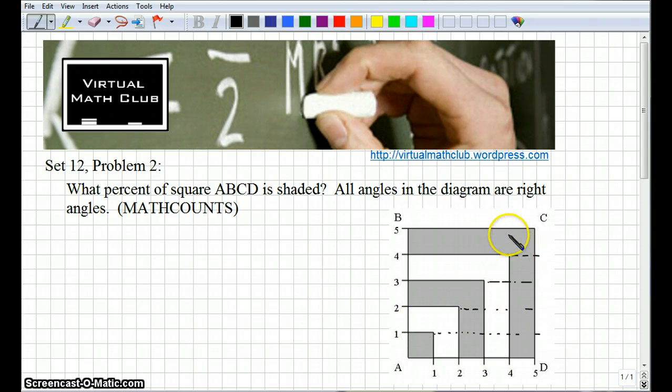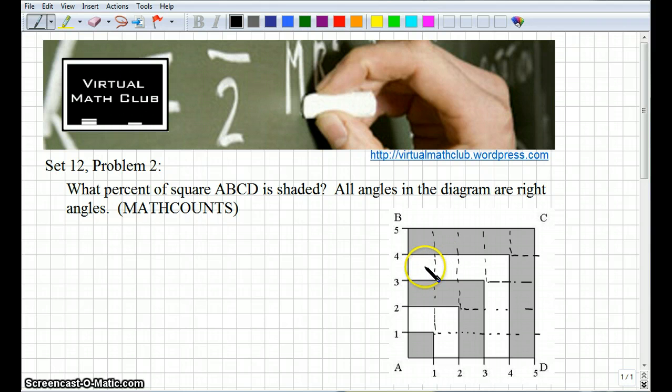And let's see if I can do it here as well. So let's see. I can draw some dashed lines down like that, and down like that. Okay, so we've now imposed a grid on this. So it's almost like it was drawn on graph paper now.